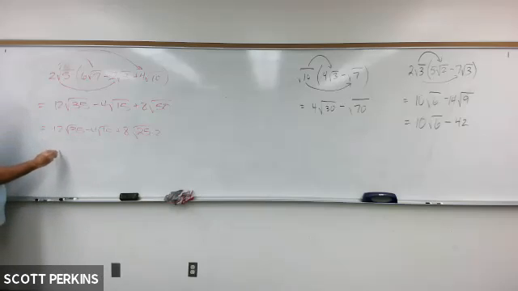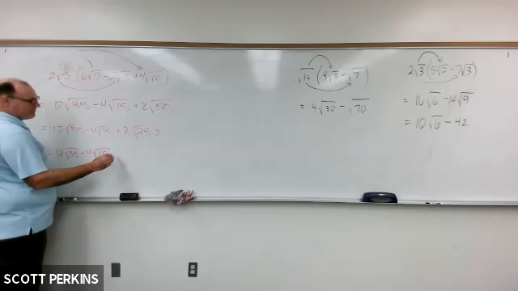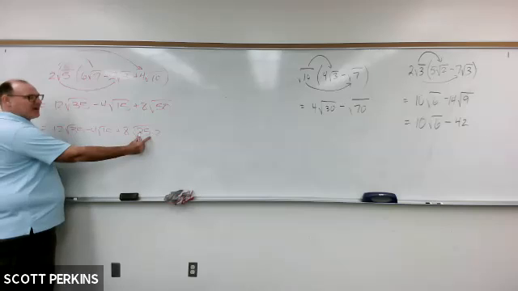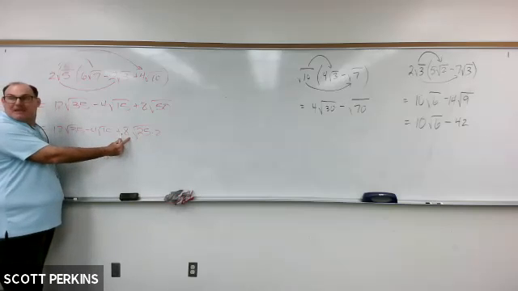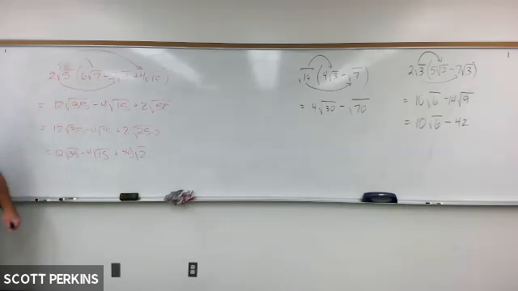Product rule of radicals says I can consider those two things by themselves, so I can take the square root of the 25. And what is the square root of 25? Okay, the square root of 25 is 5, times the 8 gives me 40. And nothing there is a like term, so we are good to go.